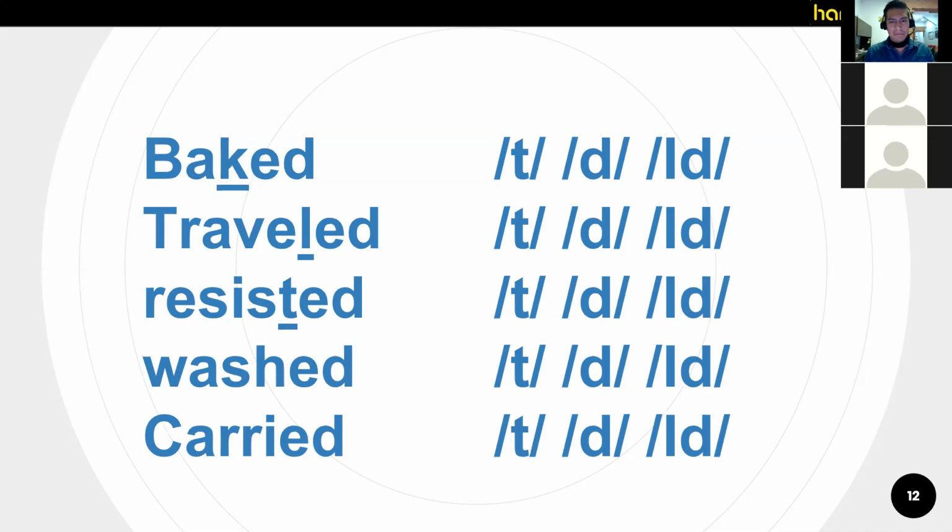Traveled. Okay, once again. Traveled. What is the ending? The T, the D, or the it? It. The last one, teacher. No, not travel it, because we don't say travel it. Traveled. Don't worry.